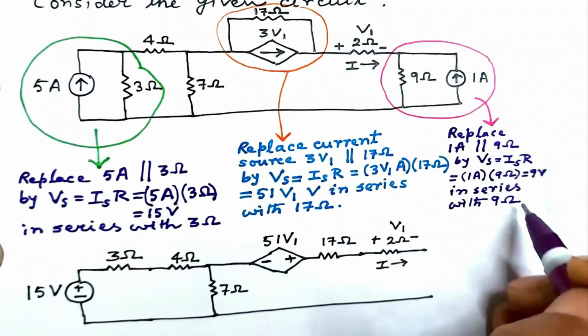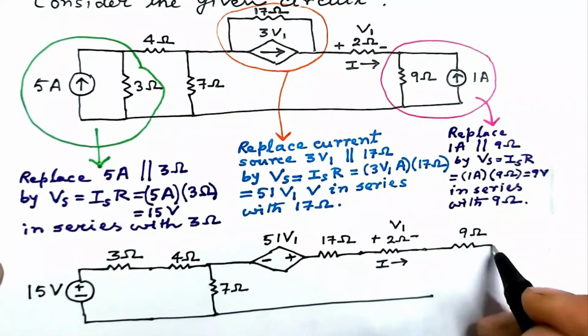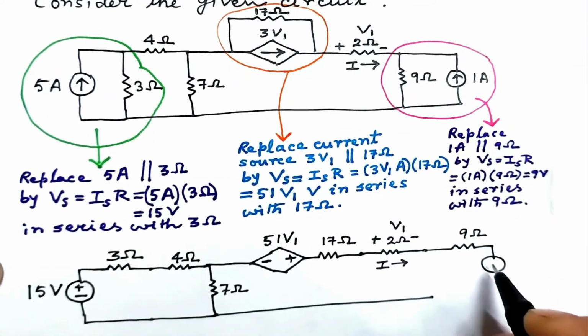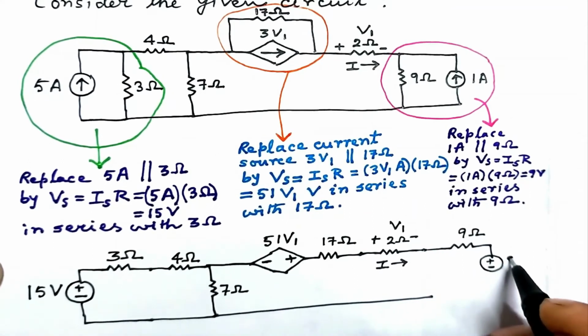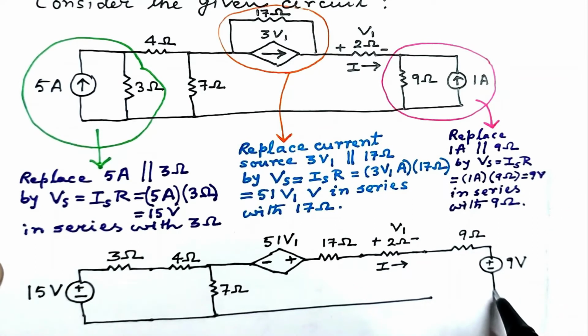Let us show this portion and complete the equivalent circuit. This is the 9 ohm resistance that is in series with the 9 volt voltage source, which is here. As the arrow of the 1 ampere current source is directed up, the positive of the voltage source is also up here. Circuit is completed.